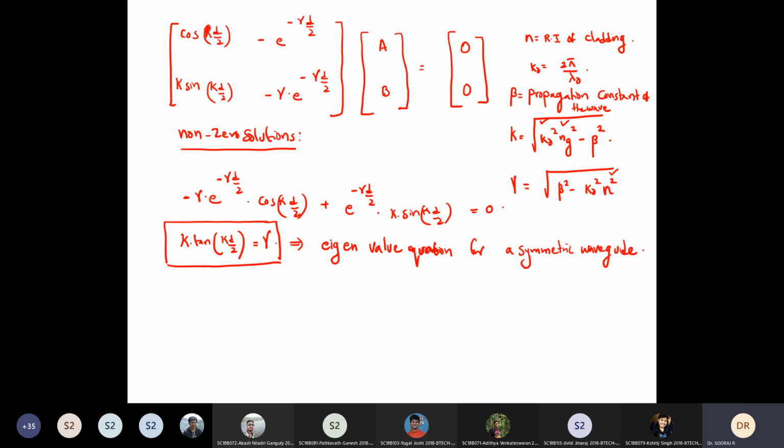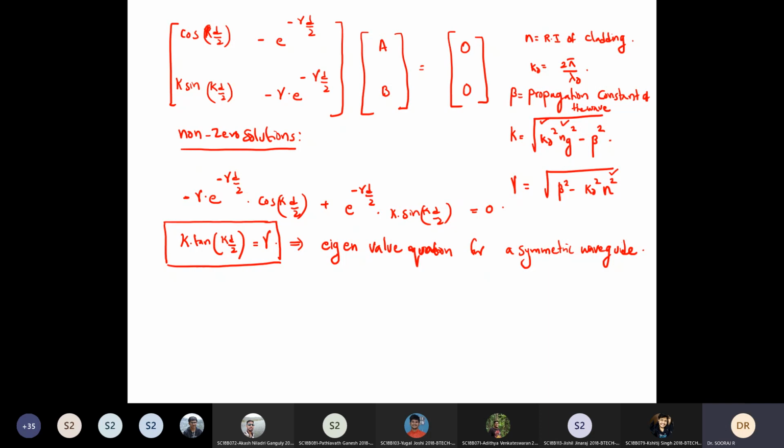So if you look at this eigenvalue equation, we are essentially interested in calculating beta. Beta is the only unknown parameter in this equation, on the left hand side and the right hand side. That is what we are interested in calculating.